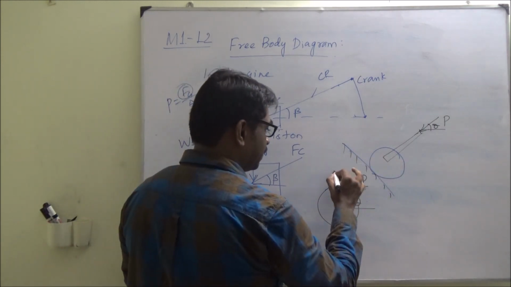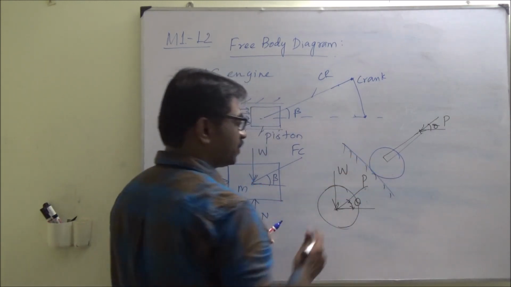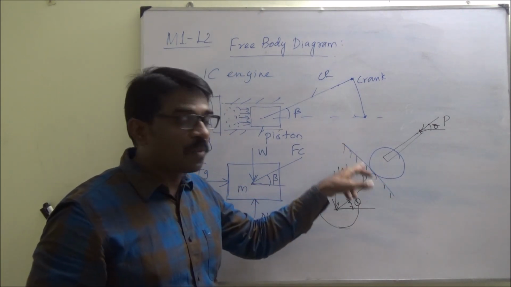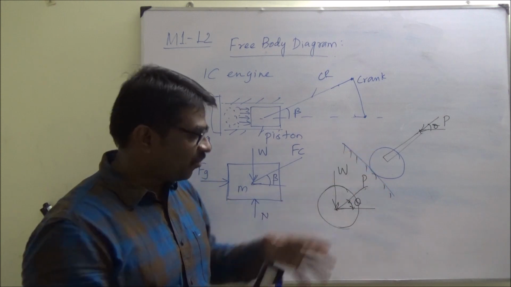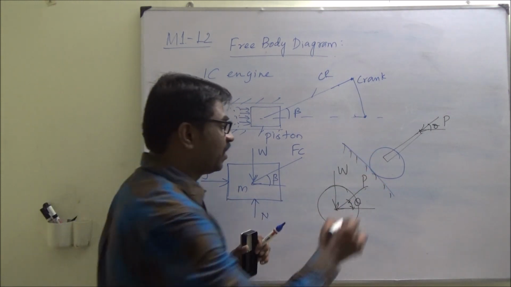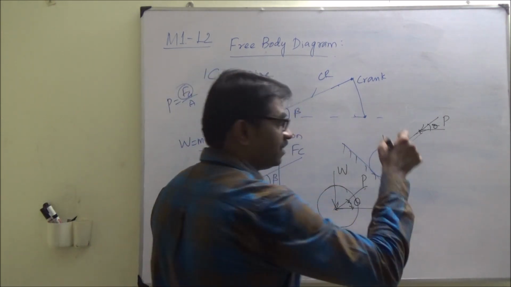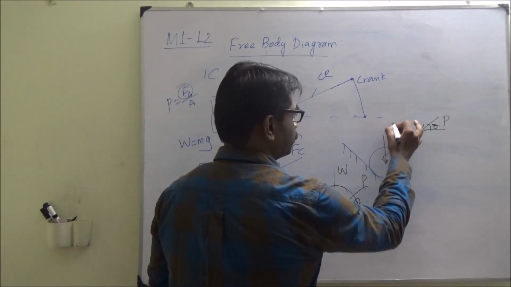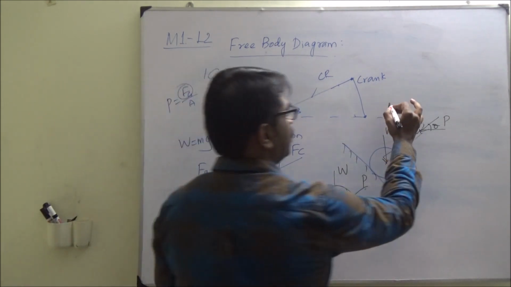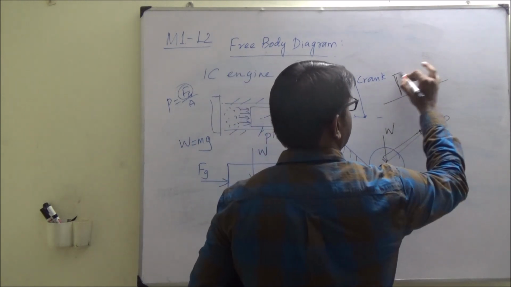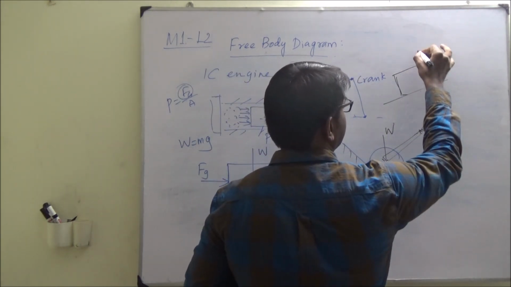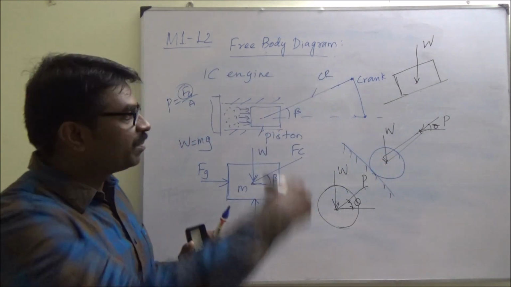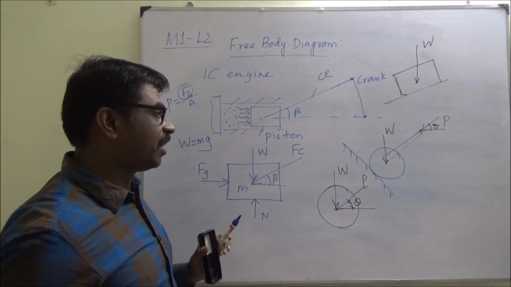Now say it is having some mass. So the weight, irrespective of the slope on which it is moving, will always act vertically downward. Say, for example, you have a block moving like this. The weight has to be put always like this. Weight will be acting vertically downward.